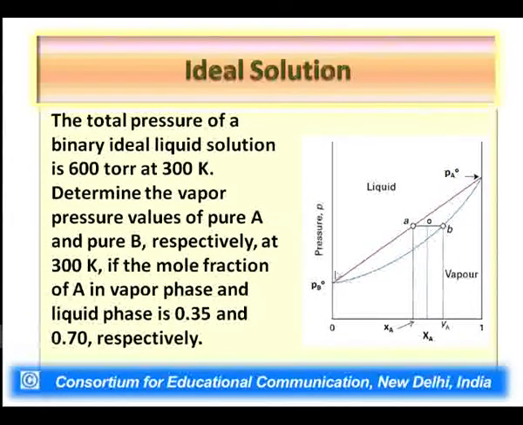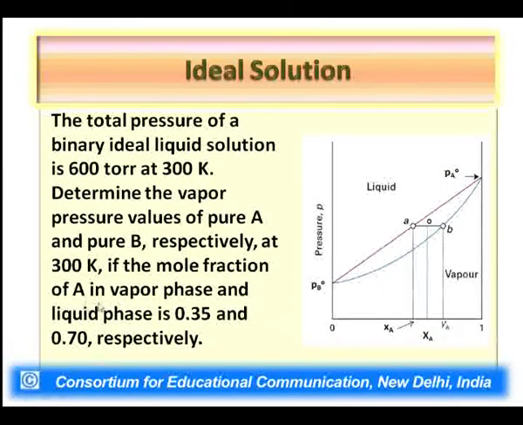Now we need to know the value of PB naught and the value of PA naught. Some value of total pressure on this y axis is known at 300 Kelvin, so such a graph should have been drawn at a fixed temperature, that is 300 Kelvin.